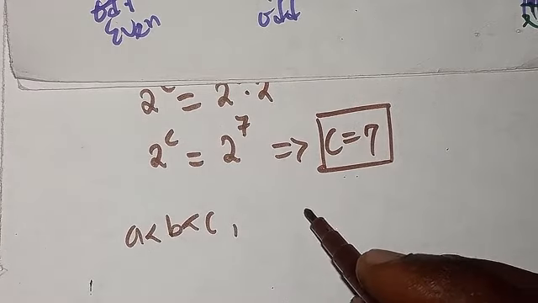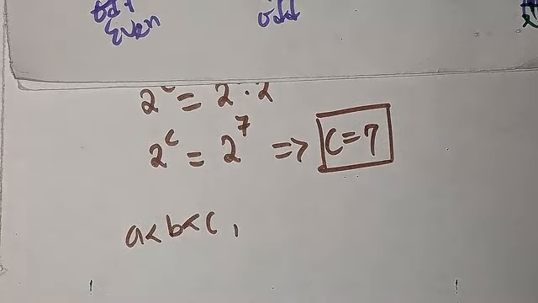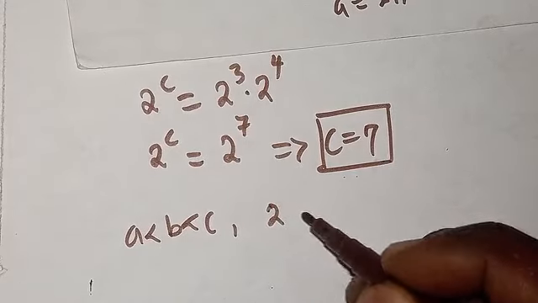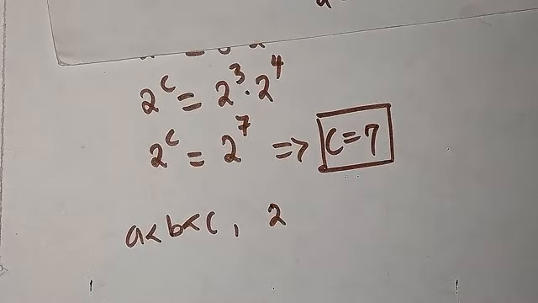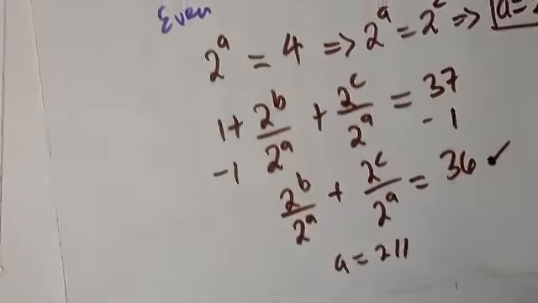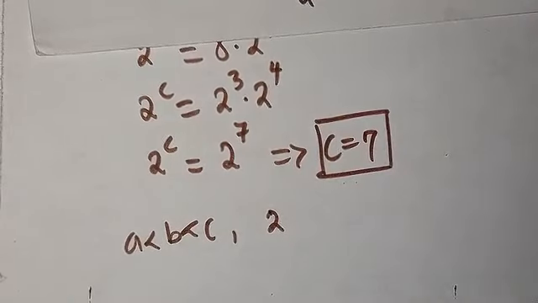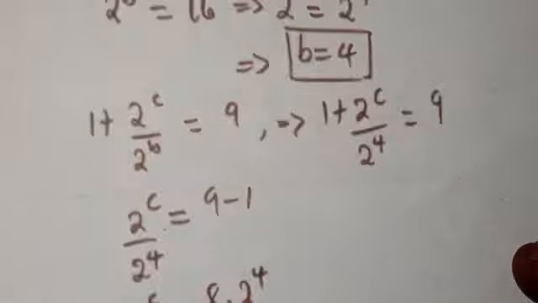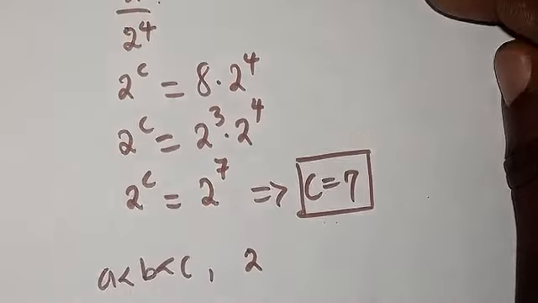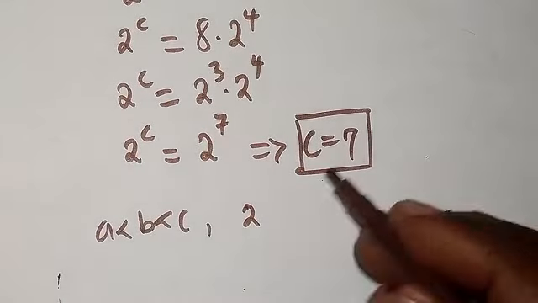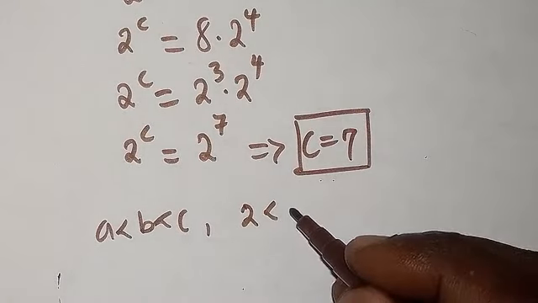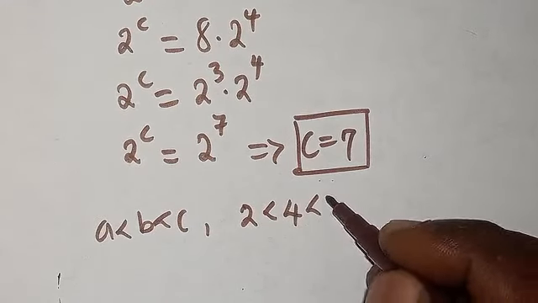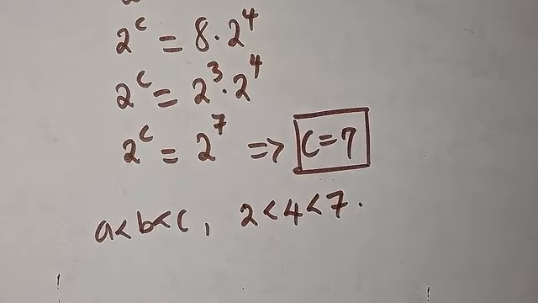We got a to be 2, then we got b to be 4. Then lastly, we got c to be 7. So this means 2 less than 4 less than 7. So we have the solution like that.